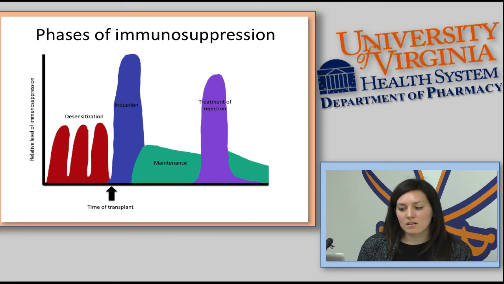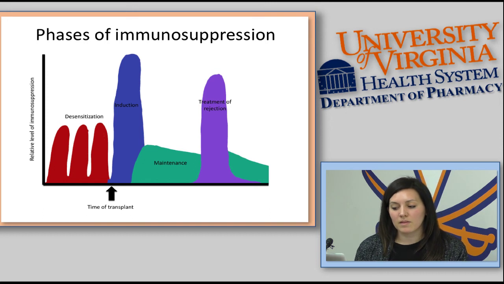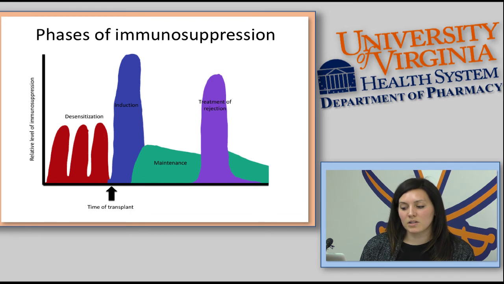So this means that their immune system has previously been exposed to things similar to the donor, and that there's an increased likelihood that the recipient might reject the donor organ. We use desensitization to proactively decrease the recipient's immune system to a point where the transplant would be safe.